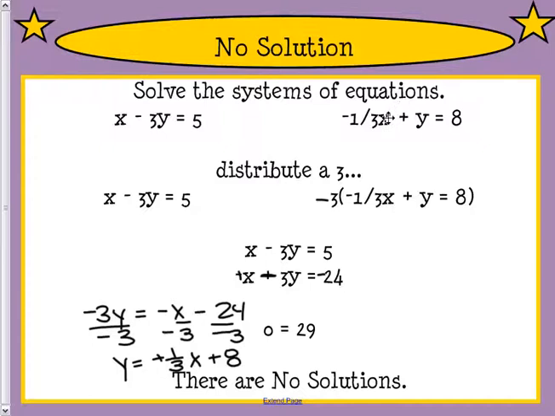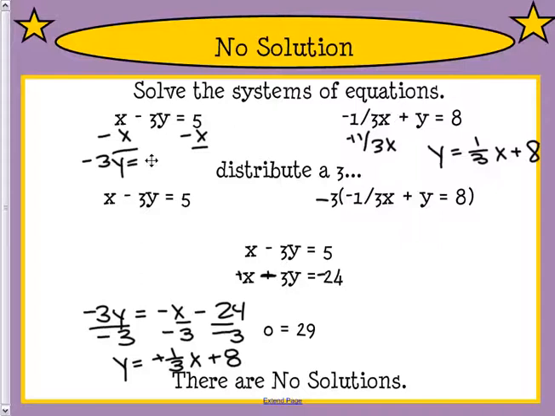Really all I had to do was just add the 1/3 x to both sides. So y equals 1/3 x plus 8. On this side, I'm going to take the x away from both sides, and I'm left with -3y equals -x plus 5. This is what I really wanted to do first, since that one would have been so easy. So divide by -3 on both sides, and y equals positive 1/3 x plus 5/3.